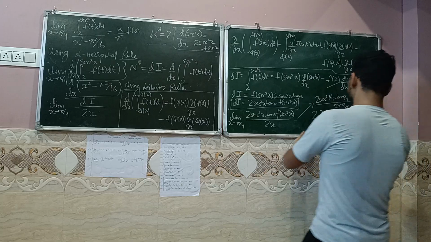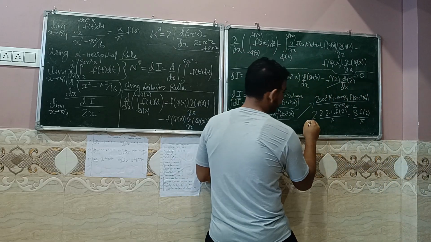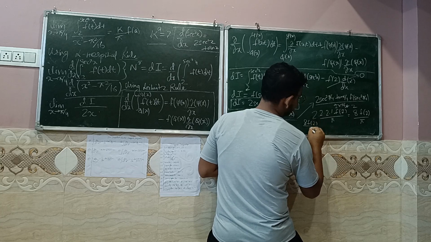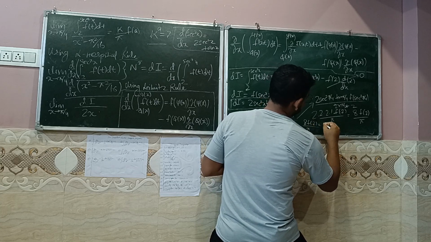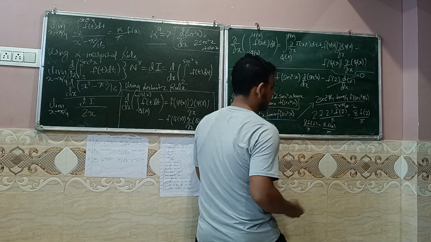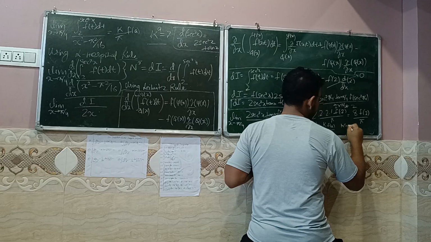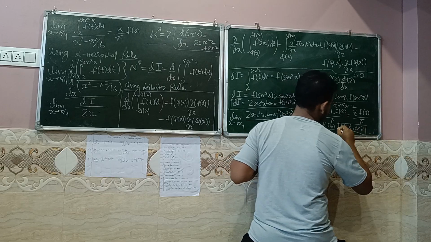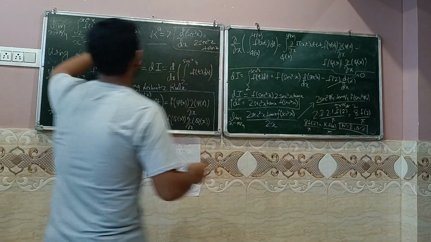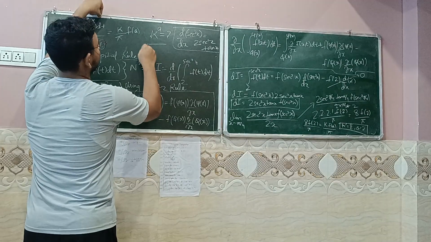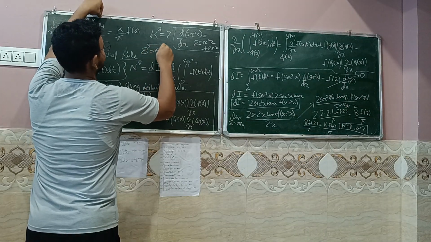This was given as 8 times f of a over pi. So we can compare that k is 8 and a is 2, right? Now what we need to compute: k was 8 and a was 2, so a to the 2 is 64.